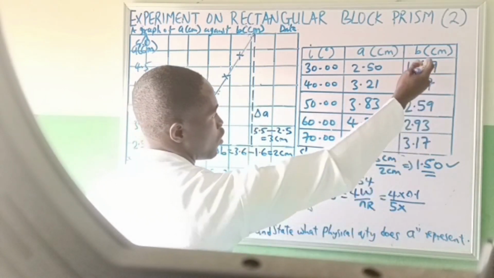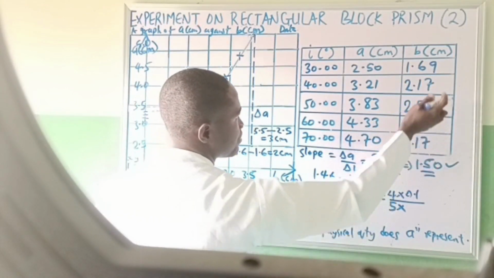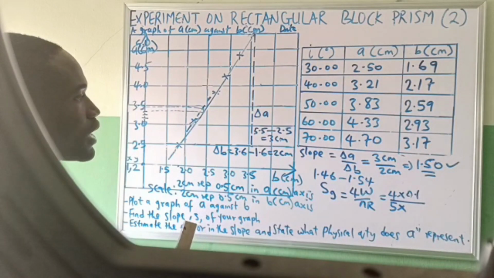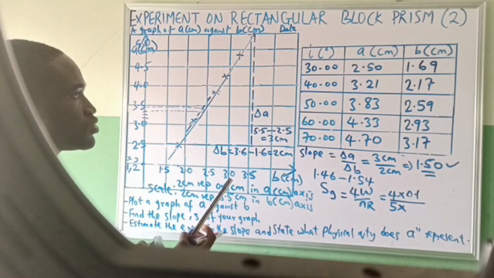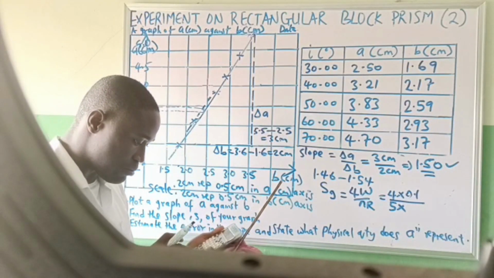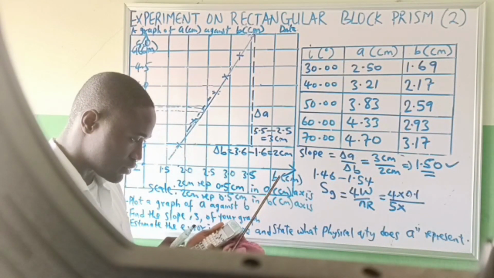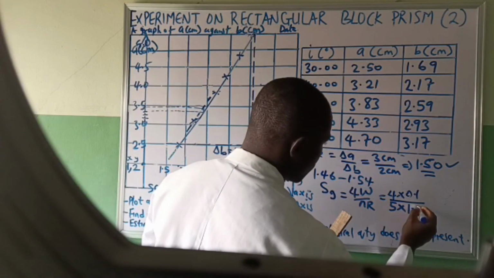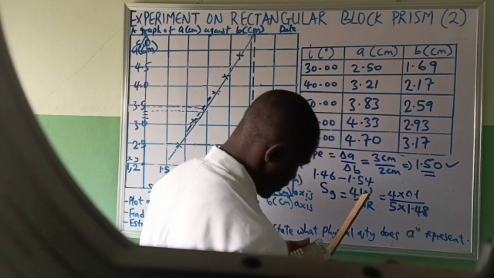R means your horizontal range, this minus this. Then you have 3.17 minus 1.69. That is 1.48.